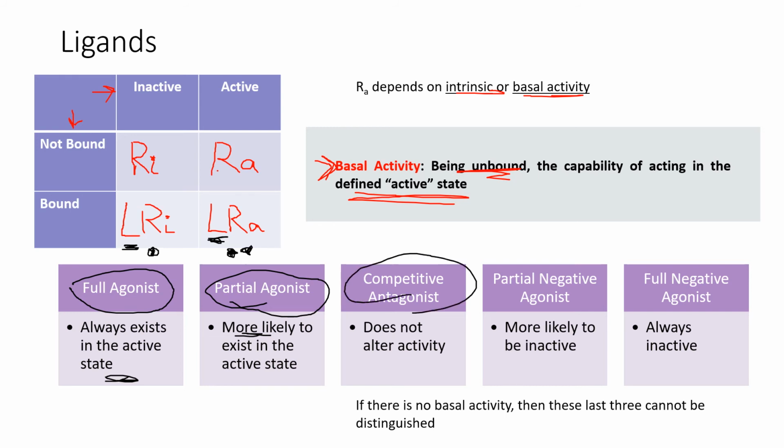Competitive antagonists do not alter the activity of the receptor. They will inhibit, but they do not alter the activity of the receptor itself. Partial negative agonists, upon binding, are more likely to be inactive rather than active. And full negative agonists occur when upon binding they are always inactive. If there's no basal activity, then these last 3 cannot be distinguished.